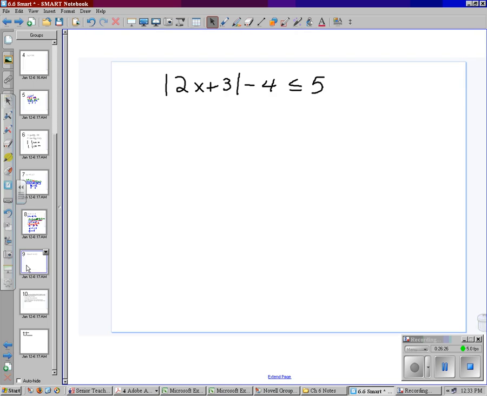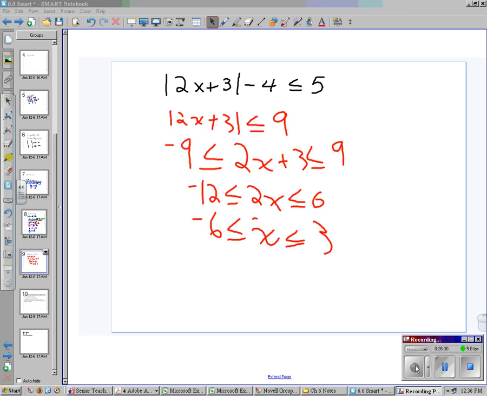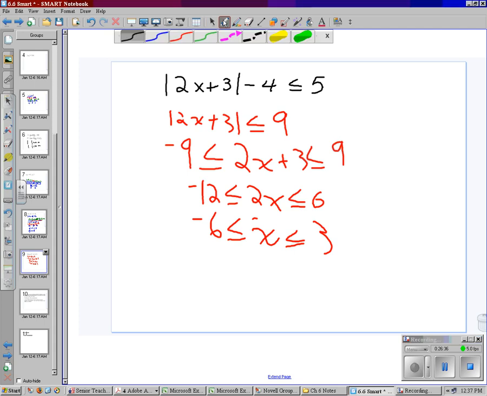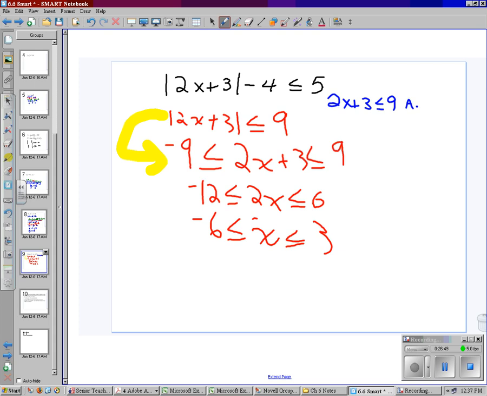Here's another one. Looking at Nick's work up here, Nick jumped straight from the inequality to writing it as a compound inequality. Some of you may have needed to start out with 2x plus 3 is less than or equal to 9, and the 2x plus 3 is greater than or equal to negative 9.